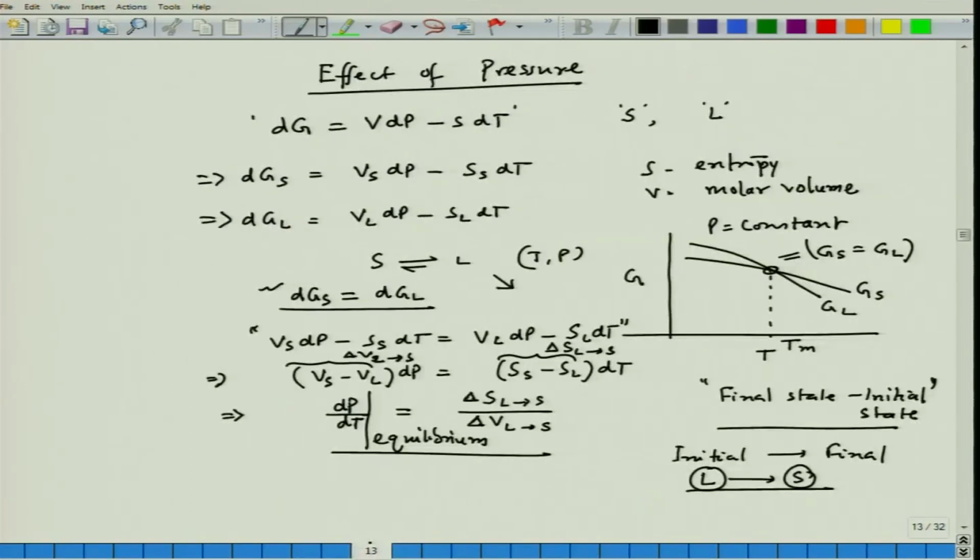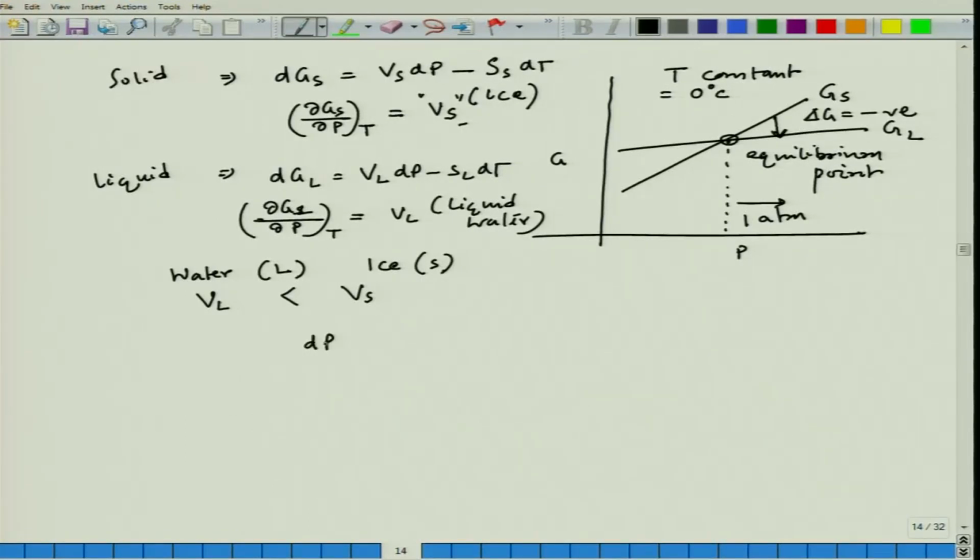Now, coming back to this particular equation, if we treat it further, we would get to see an interesting phenomenon, and that relates to why ice melts if we increase the pressure, and why if I release it, it again solidifies.